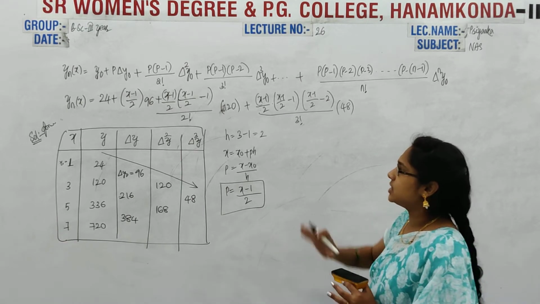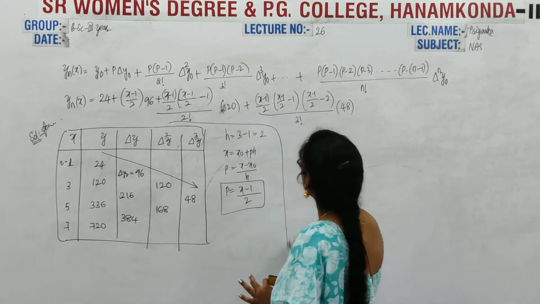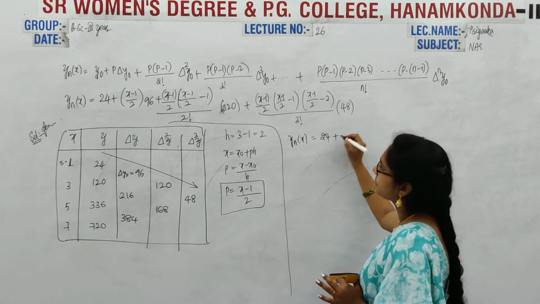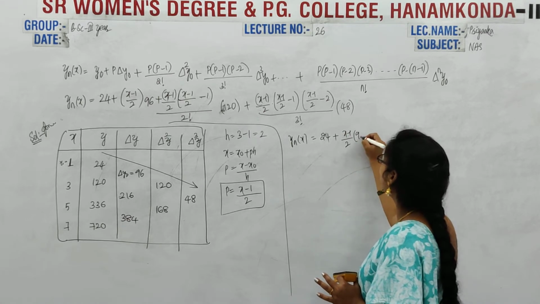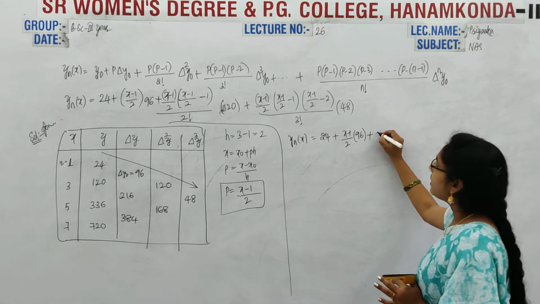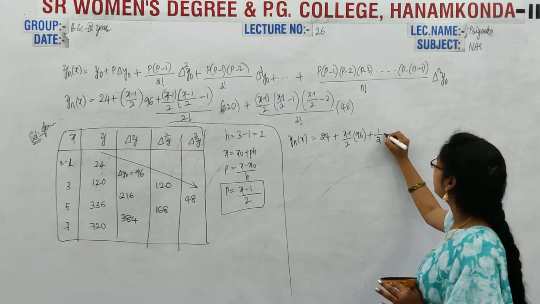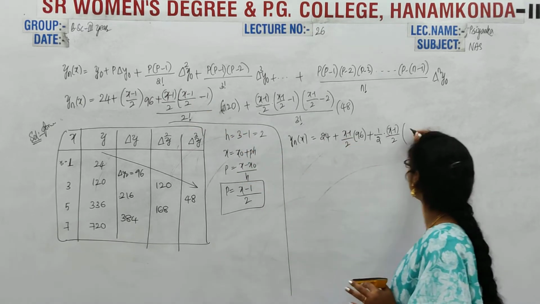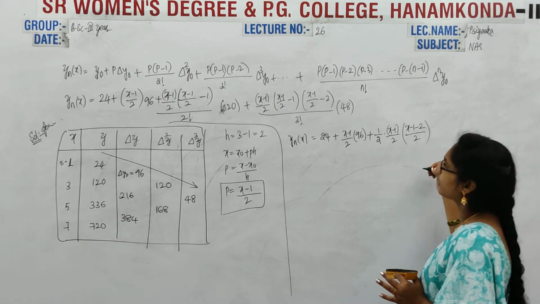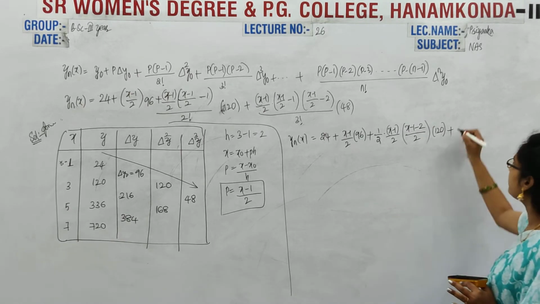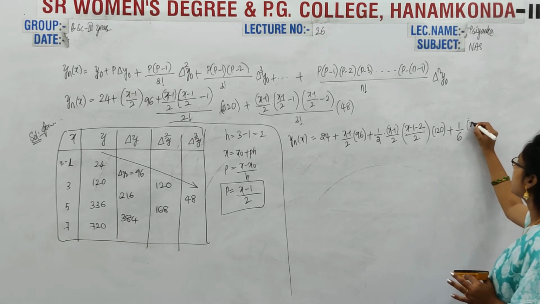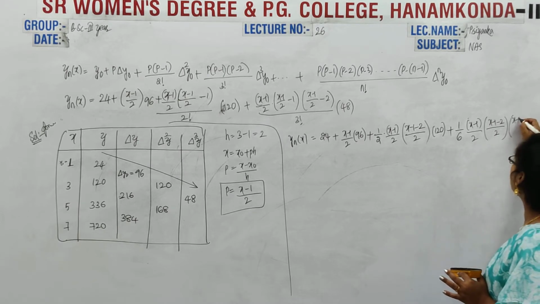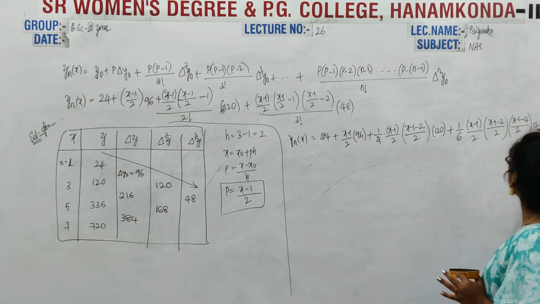So here I am taking the calculation part. y n of x is equal to 24 plus (x minus 1) by 2 into 96, plus 1 by 2 factorial, which is 1 by 2, into (x minus 1) by 2 into (x minus 1 minus 2) by 2, into 120, plus 1 by 3 factorial, which is 1 by 6, into (x minus 1) by 2, (x minus 3) by 2, (x minus 1 minus 4) by 2, into 48.